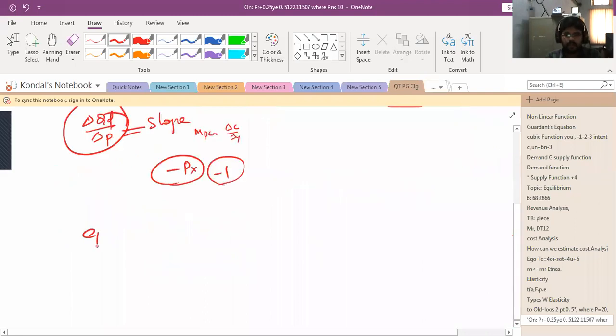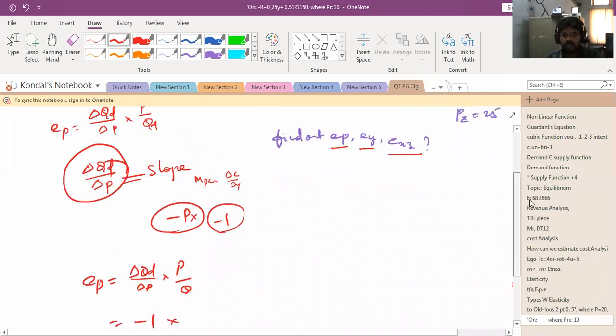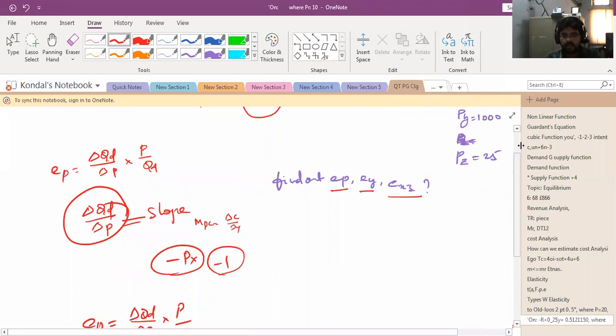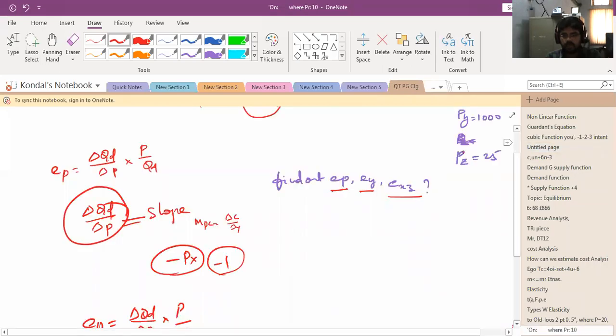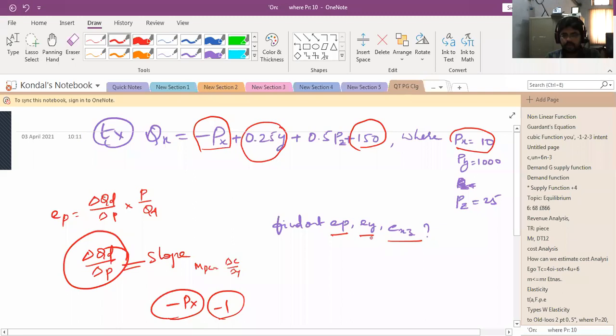So the elasticity of price is equal to delta QD by delta P into P by Q. What is the value of delta QD by delta P? Minus 1, into P. The P value given is 10.